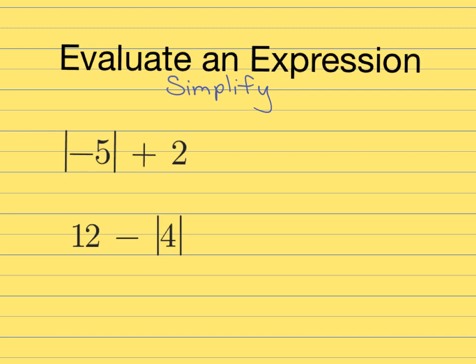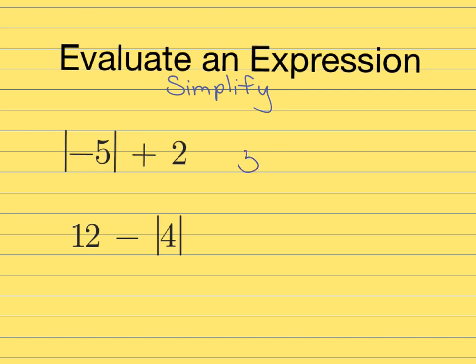So let's look at this first example. We have these two up and down straight lines, which of course that's not what we're going to call it. We're going to call it the absolute value of -5. Now we've added an operation, we're going to add, and we have another number. The first step before simplifying is always to rewrite the absolute value of this number. And rewriting it is asking yourself, what is the distance that -5 is from 0?